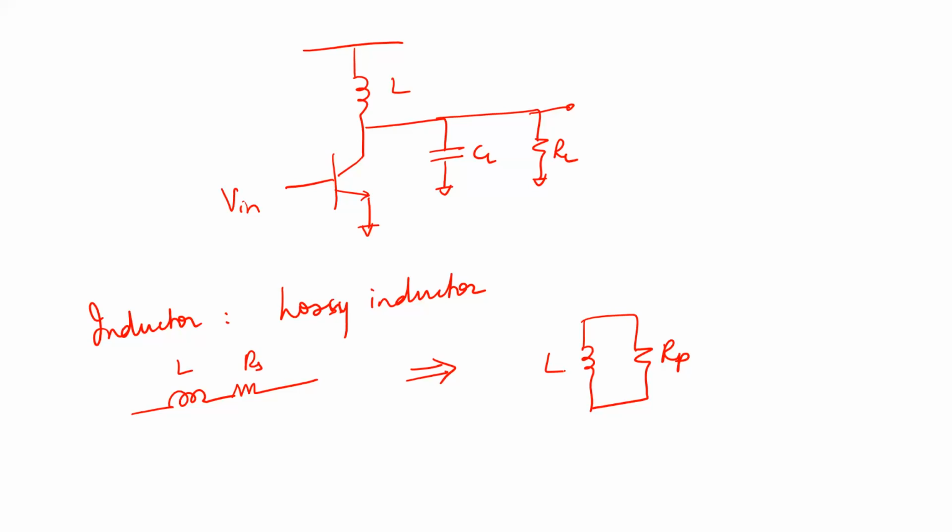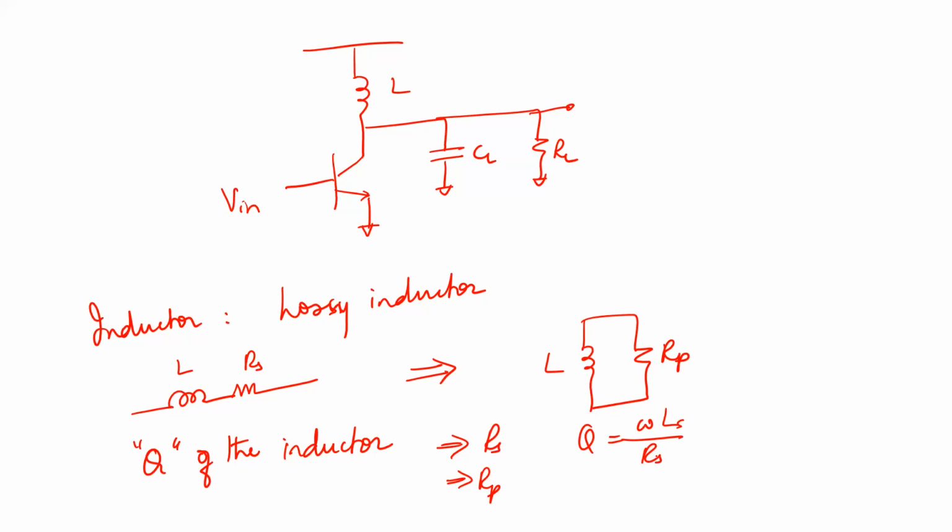Based on this, we defined what was called the Q of the inductor. It's not the Q of this resonant network, it is just the Q of the inductor. The Q of the inductor will give you either RS, or you can also look at RP. So Q is equal to omega L by RS, or Q is also equal to RP by omega L, okay?